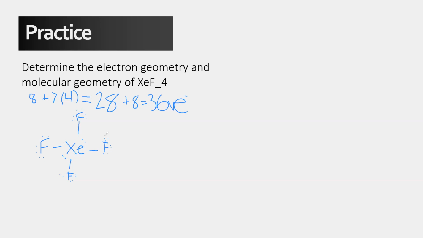Now we're just going to get the steric number, like we were talking about before. The steric number, often denoted Sn, is how many electron pairs there are plus the number of atoms to which the central atom is bonded. We see here that there are 2 electron pairs on xenon, and there are 4 fluorines bonded to it.